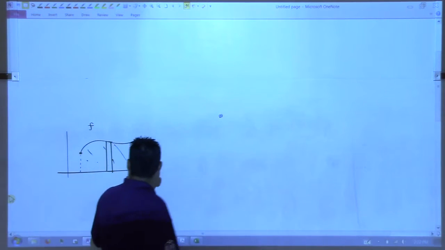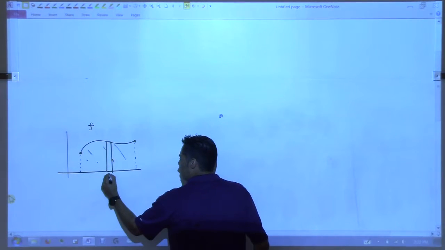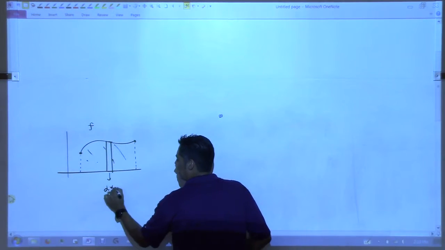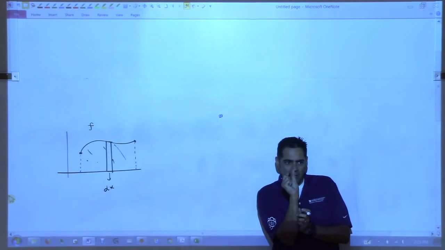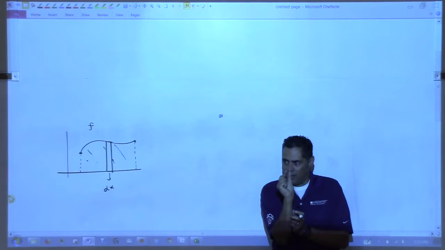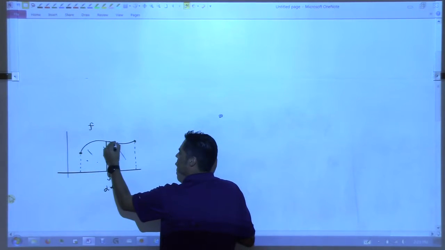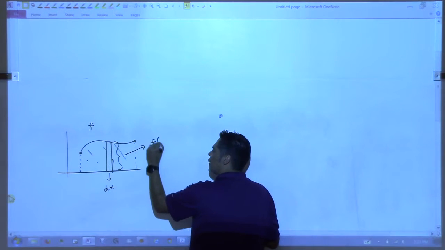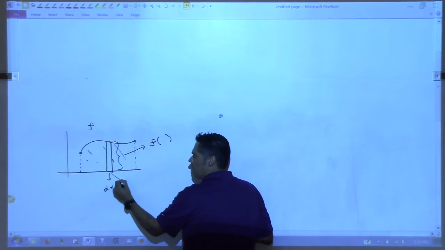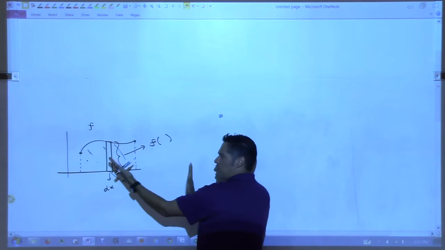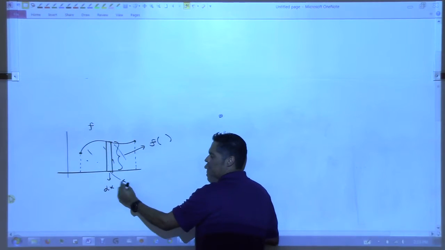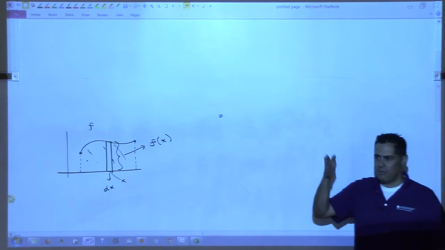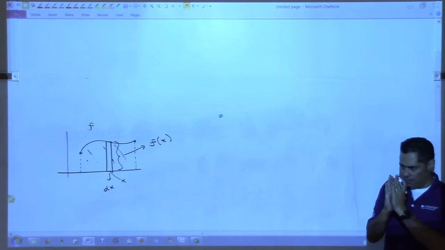So our formula is that we say, okay, the width of this is the dx, this infinitesimally thin change in x. And the height of this rectangle, how tall it is, is the function evaluated at some value in here. And as we narrow it down, the value in here doesn't matter as much. So that's our height, some evaluation of the function at some value x within that rectangle.